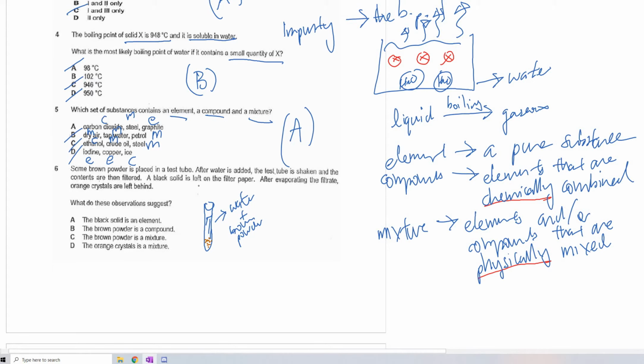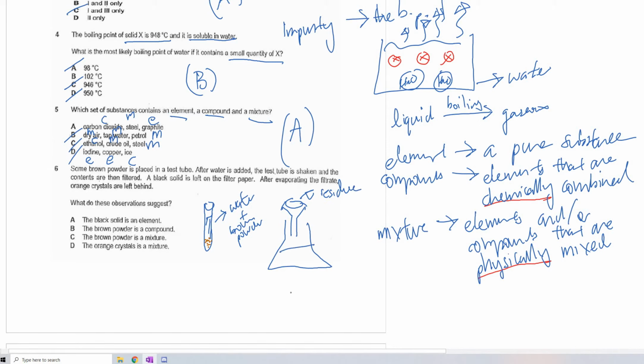Okay, it's shaken and the contents are filtered. So when we are doing filtration, we have the filter, we have the filter funnel, alright, and a flask to collect the filtrate. Alright, so the substance collected at the filter funnel is called the residue.